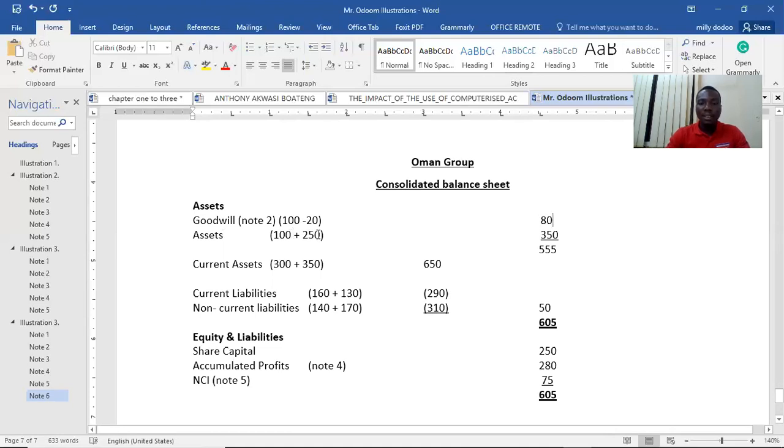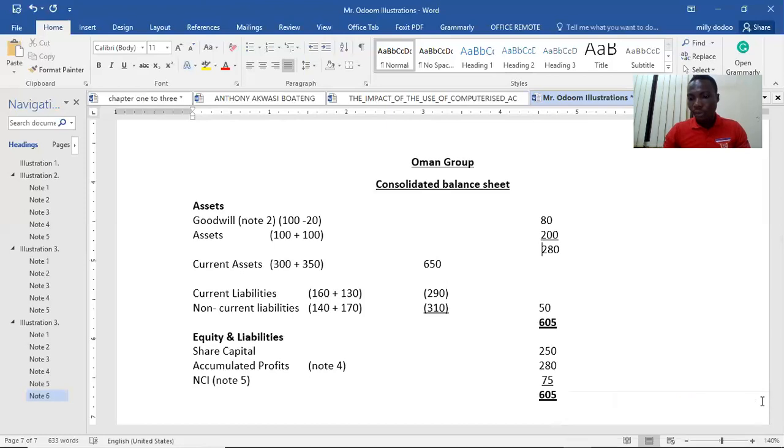Then tangible assets in the question is 100 for Oman and then 100 for Muscat. So 100 and 100 will give you 200. So the total here will be 208, if I'm not mistaken.